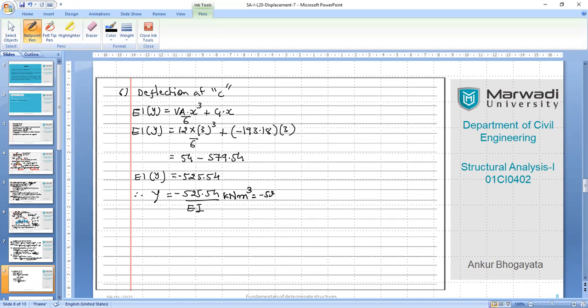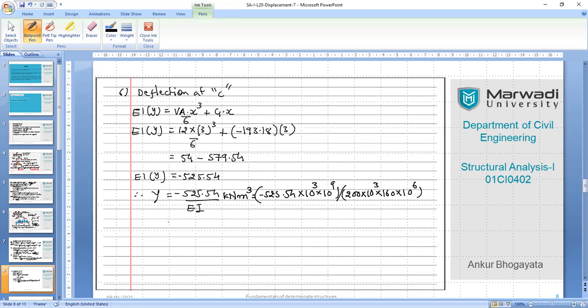Minus 525.54 into 10 raised to 3 into 10 raised to 9, right? Because of this transformation of units, we shall never forget these requirements. So 200 into 10 raised to 3 into 160 into 10 raised to 6, right?